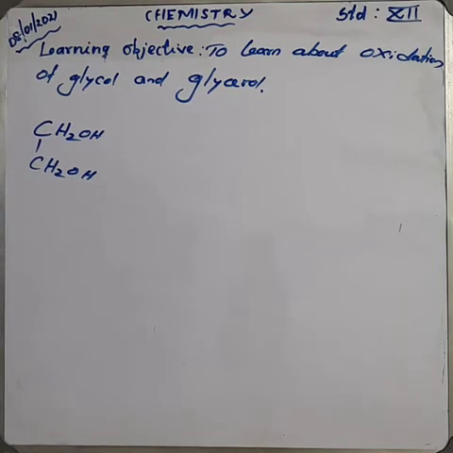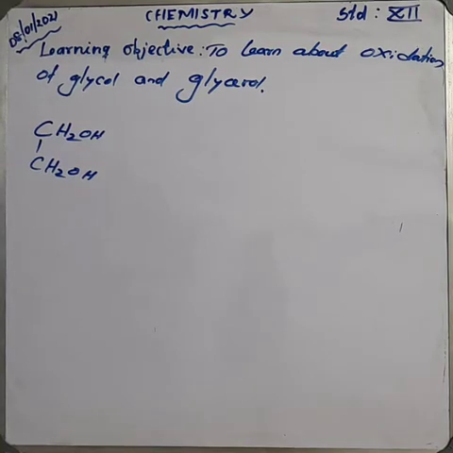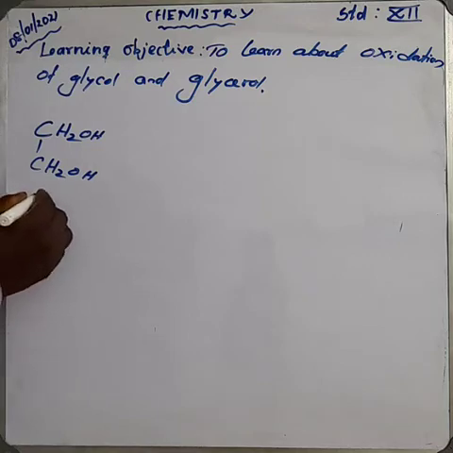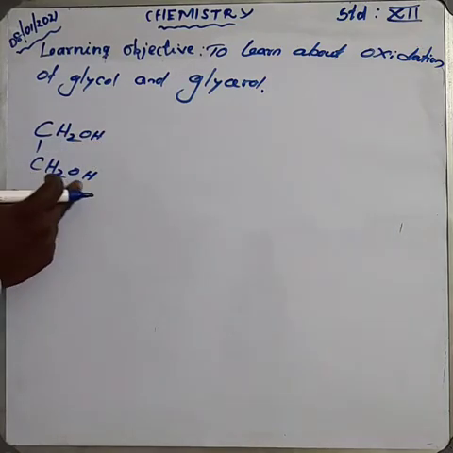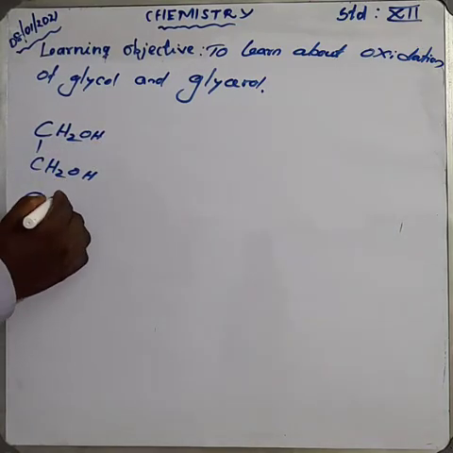One more thing. You should learn about the molecular formula also. That is also very useful for problem solving. How much carbon is there? 2 carbon, C2. How much hydrogen is there? 2 plus 1, 3. Again 2 plus 1, 3. 3 plus 3, 6 hydrogen.